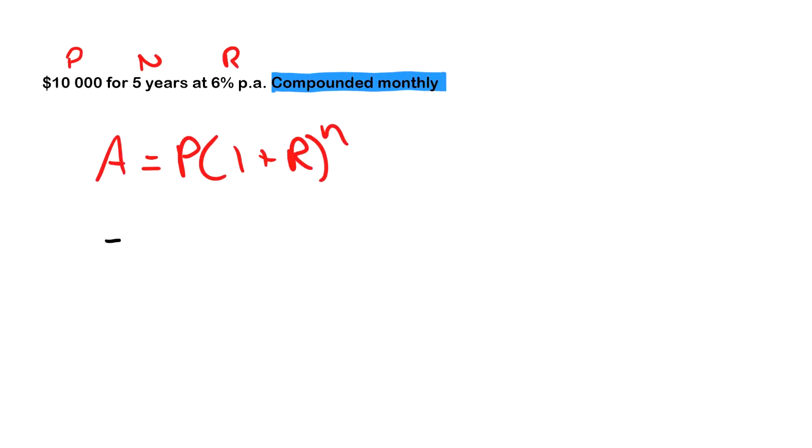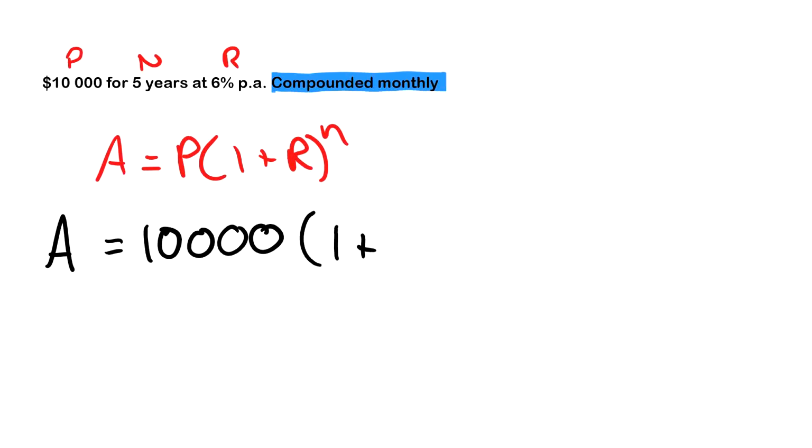So we can start by putting in the same numbers. 10,000 stays the same. I can put in 1 plus my rate, which is 0.06 as a decimal. But this time, because it's compounded monthly, I need to divide that by 12. Now I've got my time, which is 5. But again, we need to times that by 12.